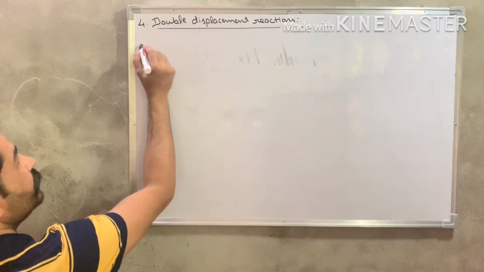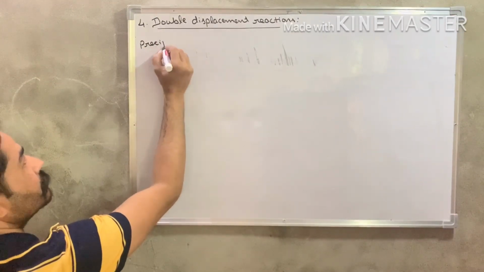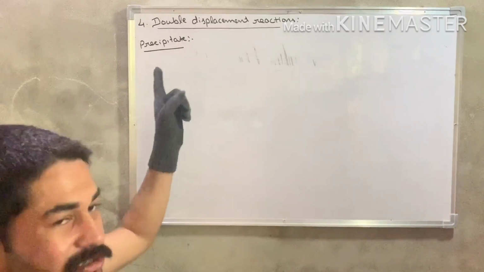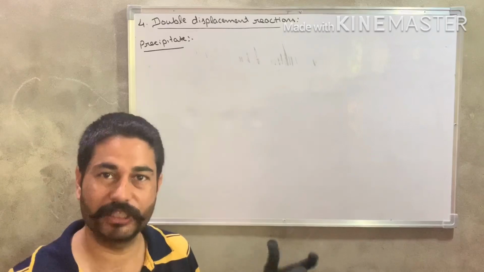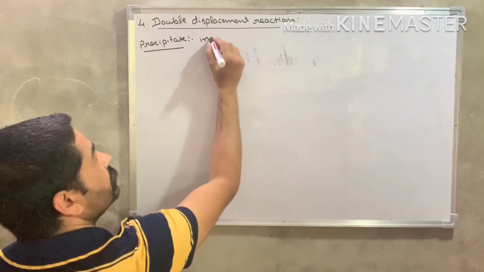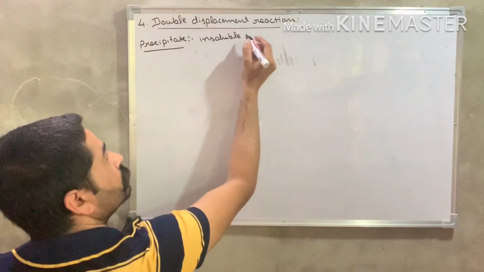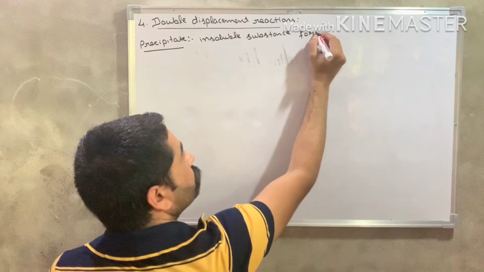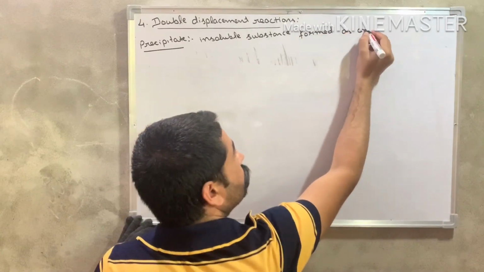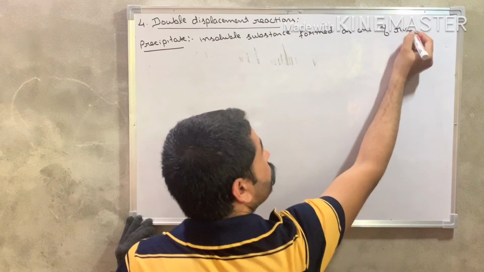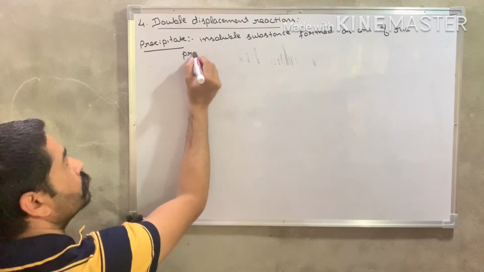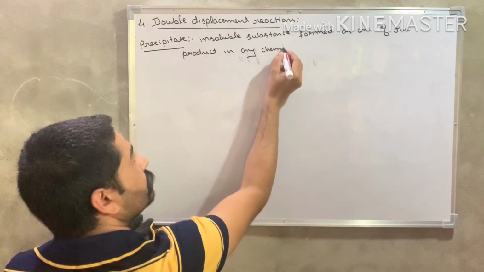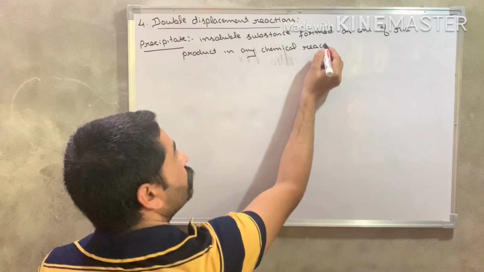So first of all, let me tell you what precipitate means. What is a precipitate? It is an insoluble substance formed as one of the products in any chemical reaction.